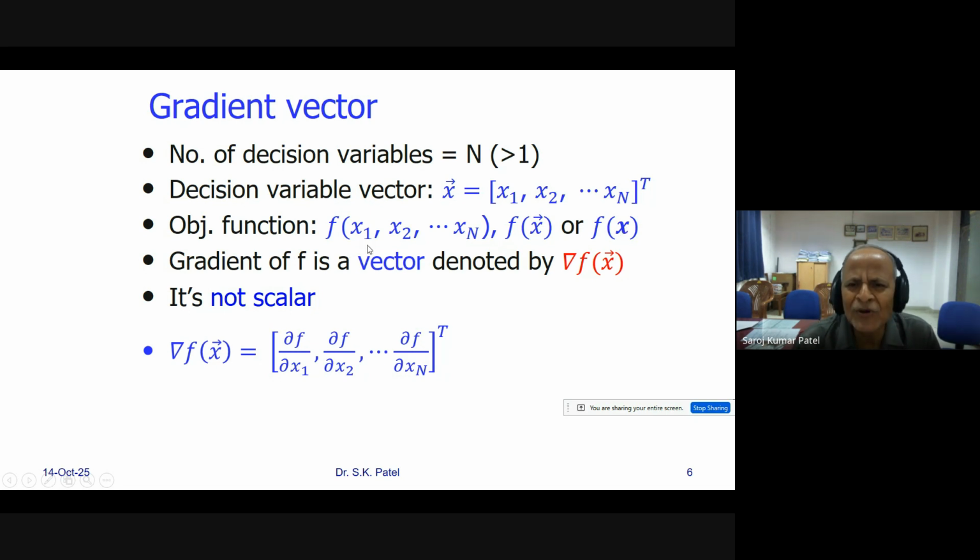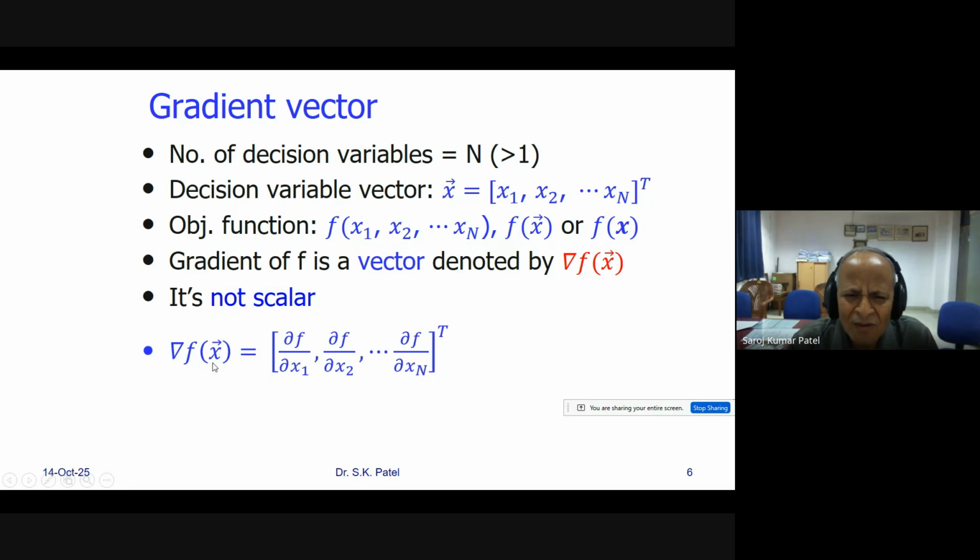And the first derivative of this multivariable objective function is denoted as the gradient vector, that is del f x. This del is an inverted triangle. Del f x is not a scalar, it is always a vector.